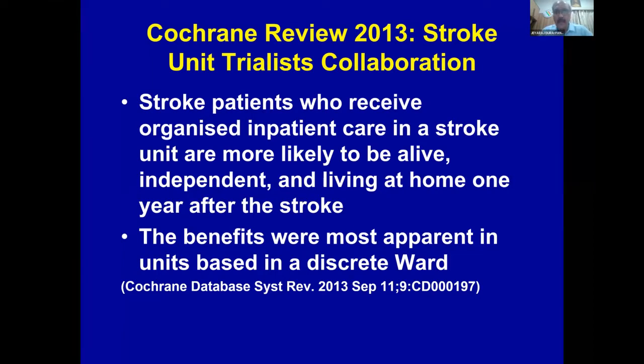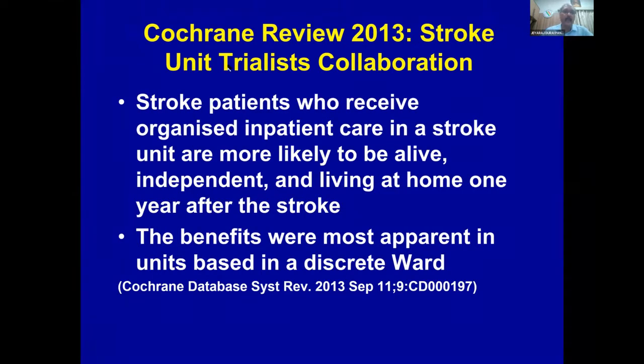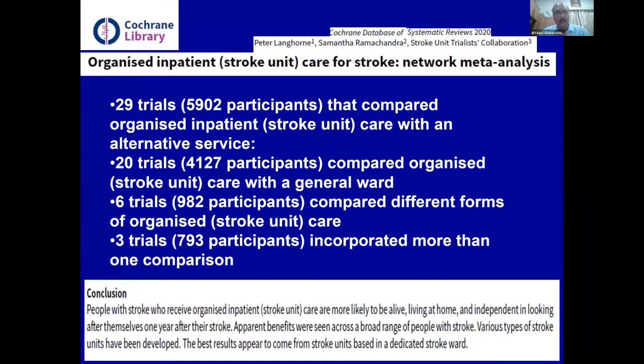And the latest evidence is from the Cochrane Library. This is a summary from 29 trials of stroke unit with alternate service, stroke unit with general ward, about 20 trials. So what is the evidence? People who are managed in a stroke unit, again the same, are more likely to be alive, independent, and looking after themselves 1 year after the stroke.